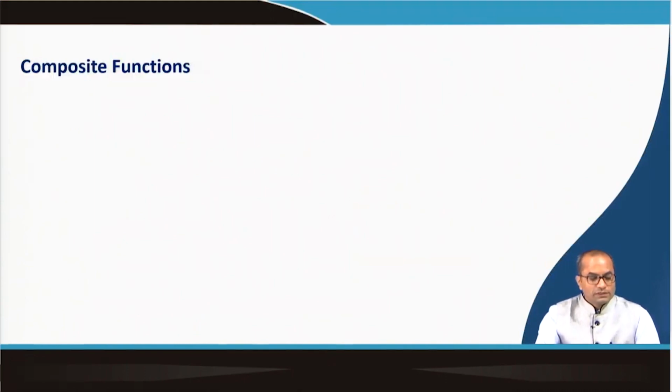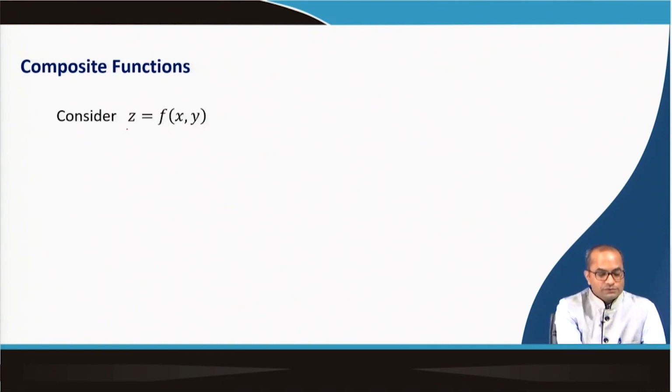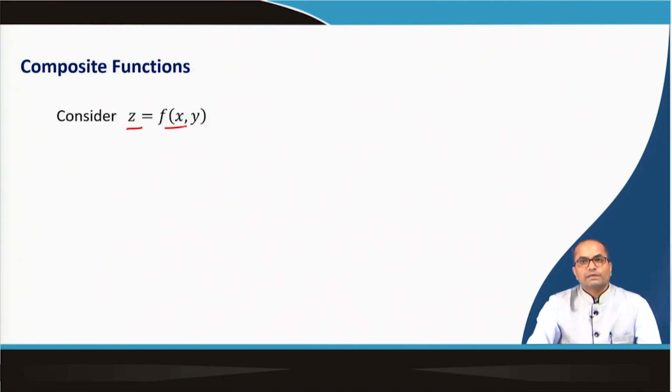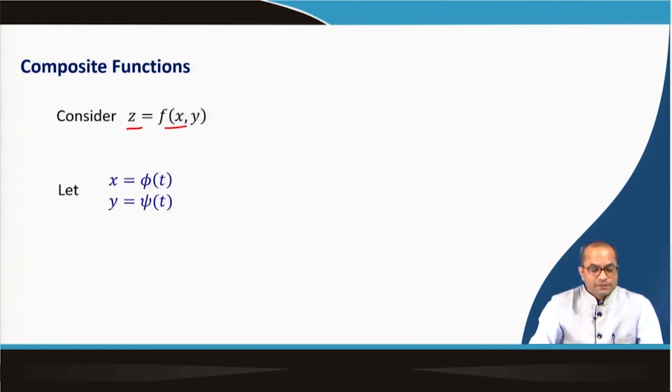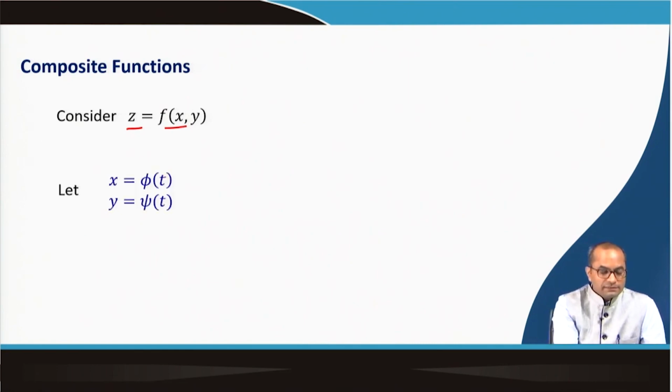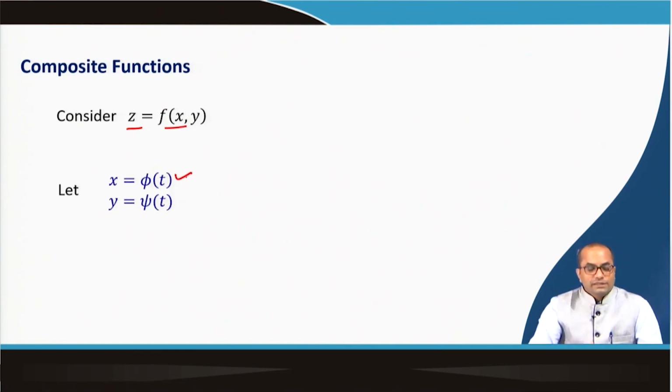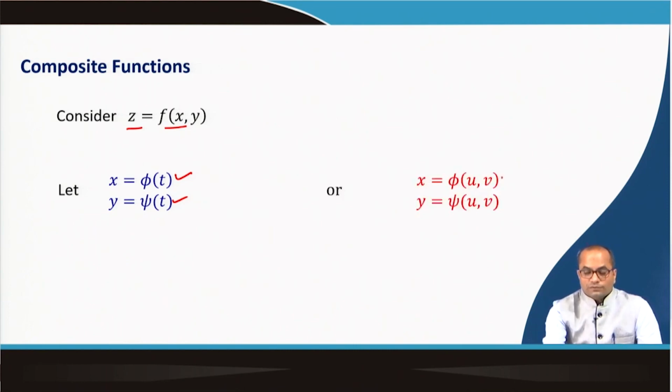Well, so what are composite functions? Suppose we have z is equal to f(x, y), a function of two variables, and here x is again given as a function of t and y is given as a function of t, or it may happen that x is a function of again two variables u and v, and y is again a function of u and v.